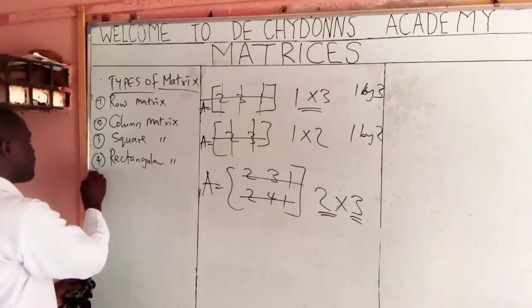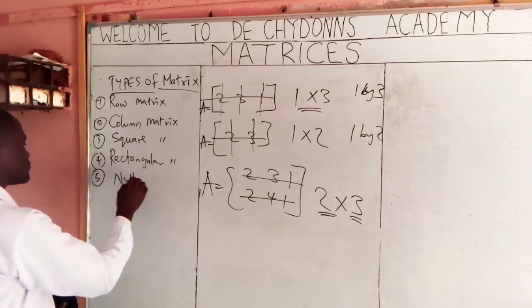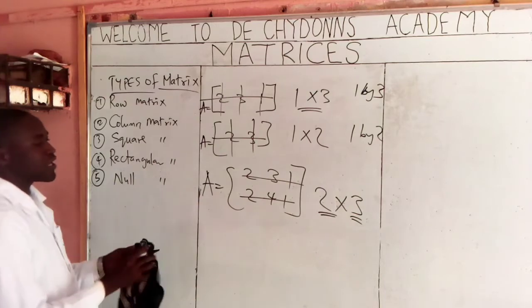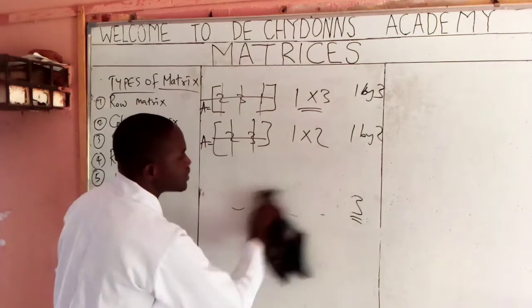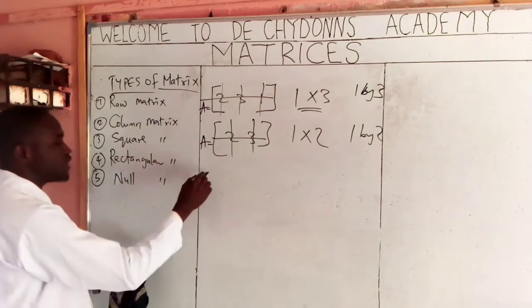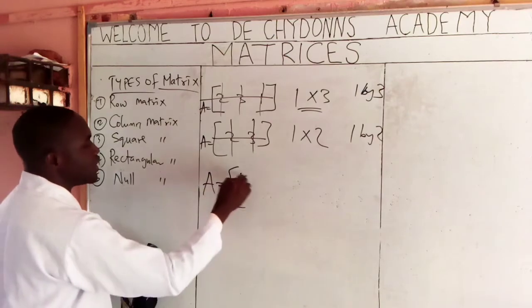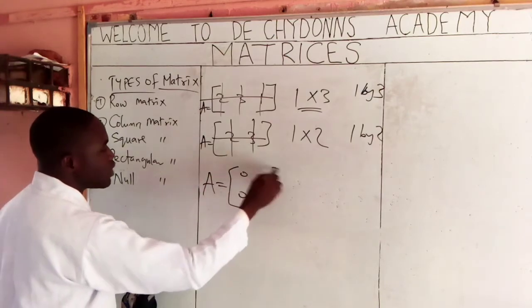We go to the 5th type, that is null matrix. A null matrix is a matrix whose elements are all 0. From the name null, all the elements in it must be 0.